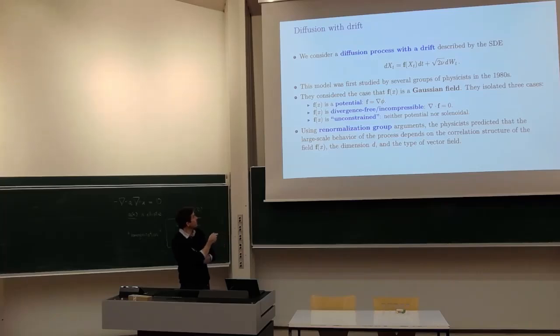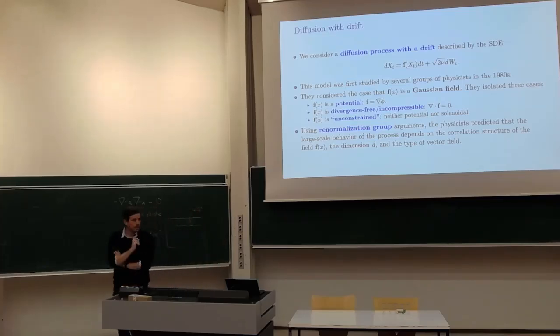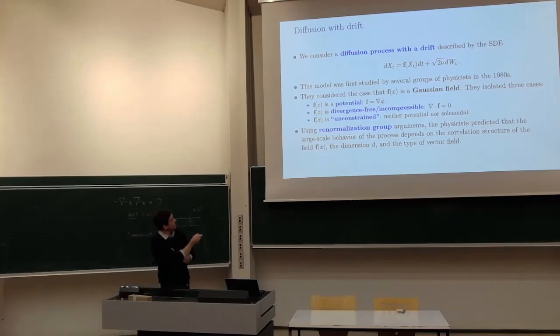When the physicists wrote the first papers about it, they considered also the second bullet, and they said, this is kind of a toy model for a turbulent fluid, okay? Because they're not just going to pick any divergence-free case, they're going to make f be a random field that has certain properties, and they say that this is their toy model for a turbulent fluid.